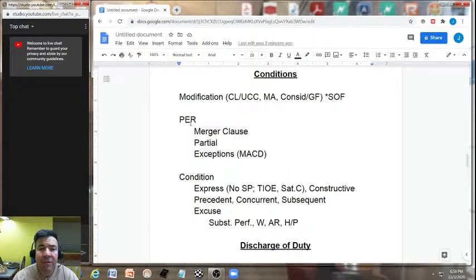But let's just say it's partially integrated or fully integrated for that matter. Do we have any exceptions to the parol evidence rule that would allow in evidence from communications, prior or contemporaneous, even if we have a fully integrated agreement? And yes, we do. Those are the situations involving mistake. Mistake in terms. Like, we have a situation where there might be a scrivener's error.